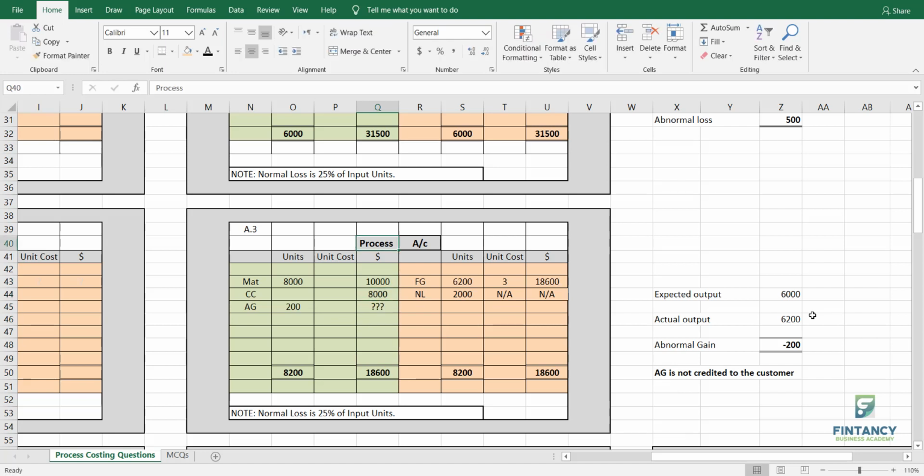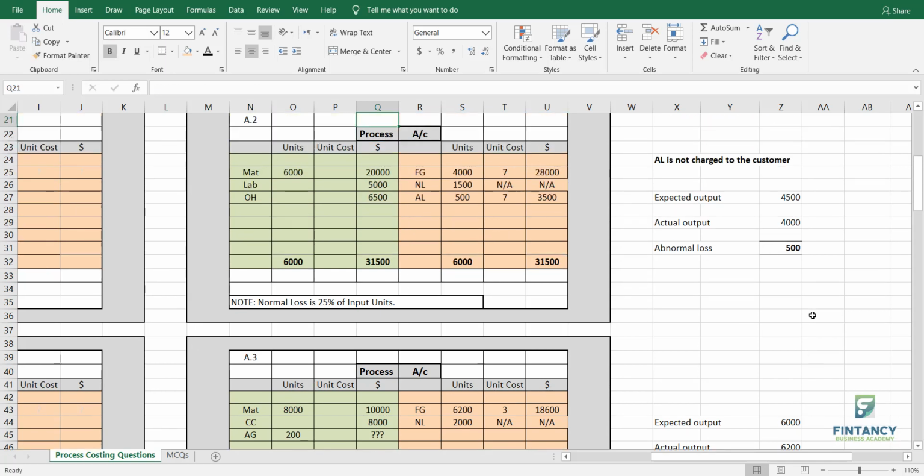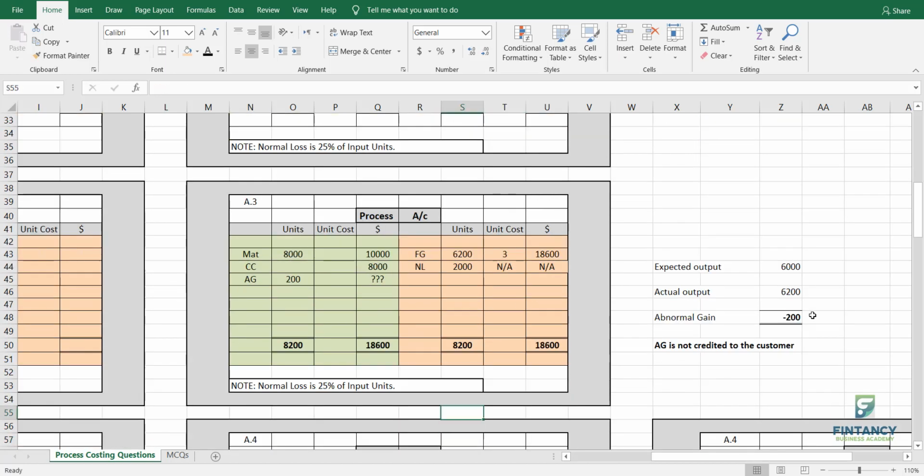So if you remember in abnormal loss, we took 7. The same, I mean the unit cost, here also we will take the same unit cost. This one. Okay, getting it everyone? 600. So see, it will match now. 18,600 on both sides.